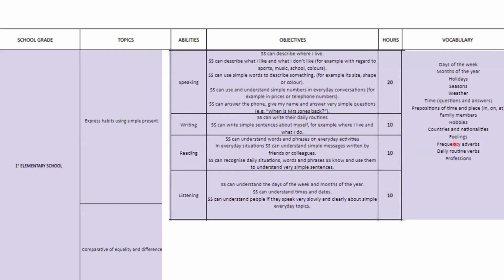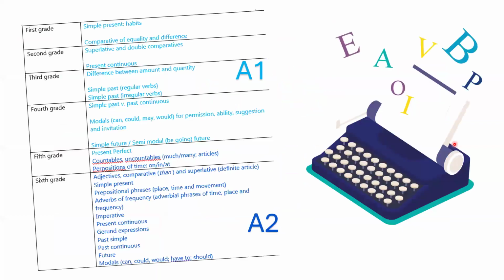So we have vocabulary, and here, I think I changed the order of something. Yeah, these were supposed to go first, right? So here I broke down where we are in each grade according to this program and what the expected topics are. First grade through fifth grade, we're focusing on an A1 level, and we are working with these topics, right?